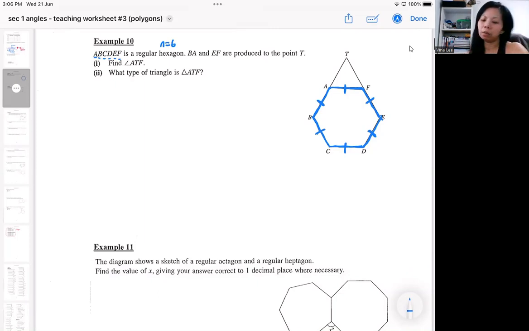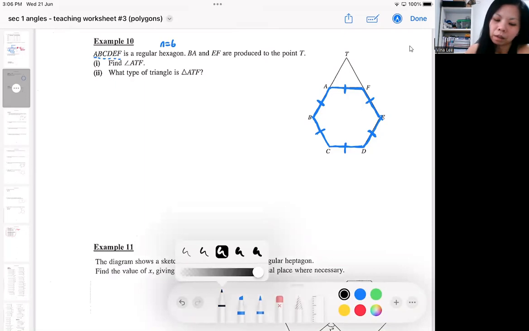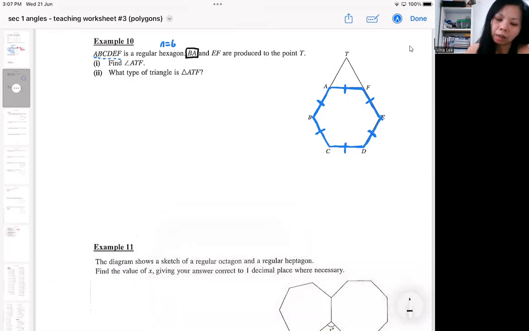The next thing you need to understand will be this statement that some students cannot understand. When we say BA is produced, when we say something is produced, it's the same thing as something is lengthened. So we make it longer.